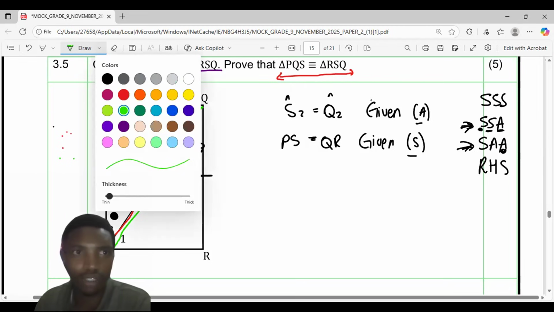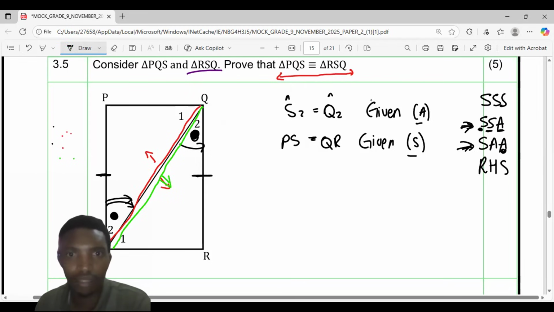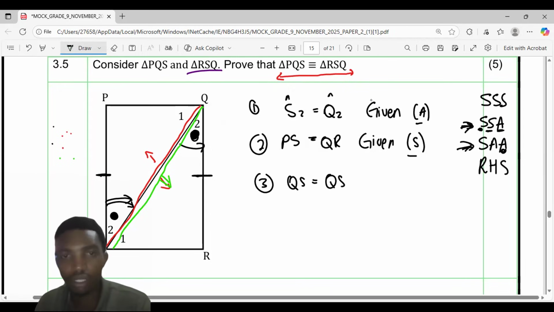So we can therefore say, number one, the angles given. Number two, QS is equal to QS because it applies to both triangles, and we are calling it a common side. So now we have angle, side, side.